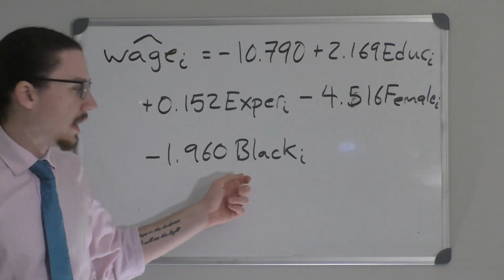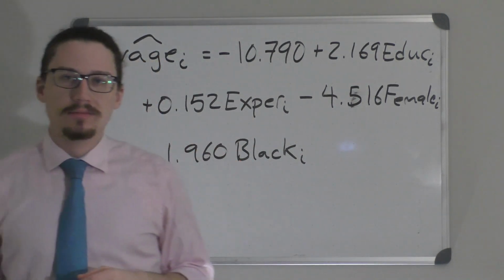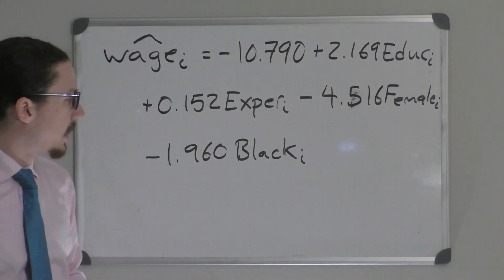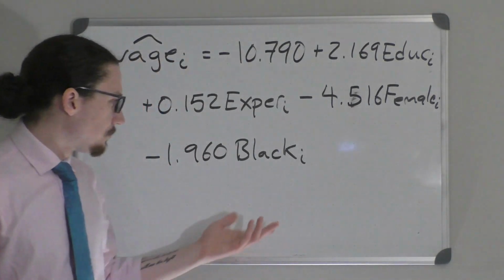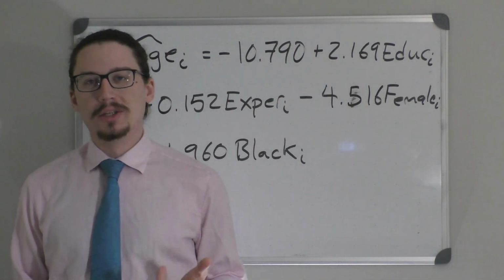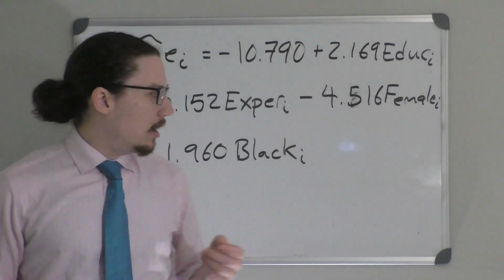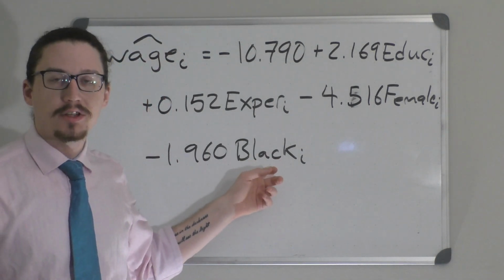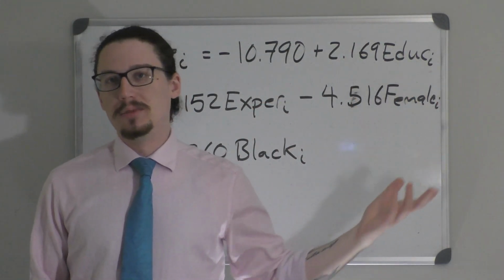Same thing goes for our black variable. If we're just saying race in general, that's not as much of a binary variable, at least in econometric models, but for simplicity's sake, often we just condense that. So this would be the difference between an individual who's black and anyone who's not black, right?